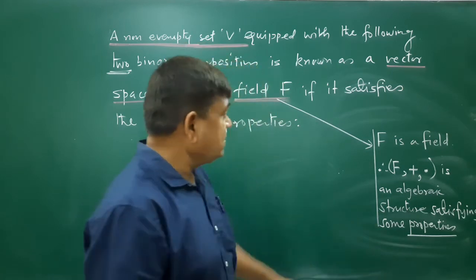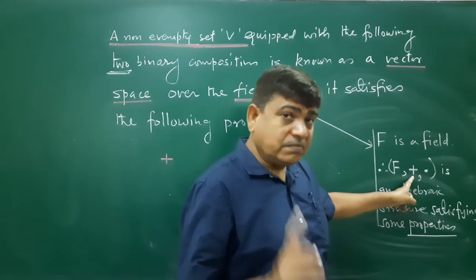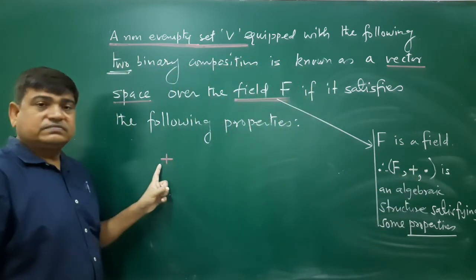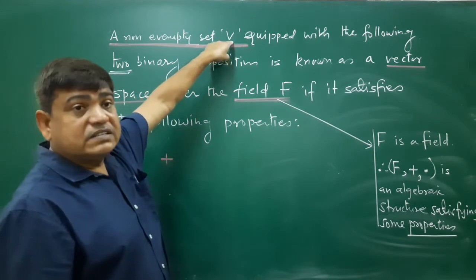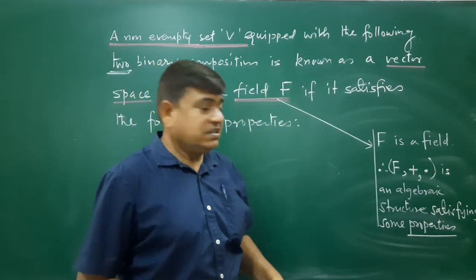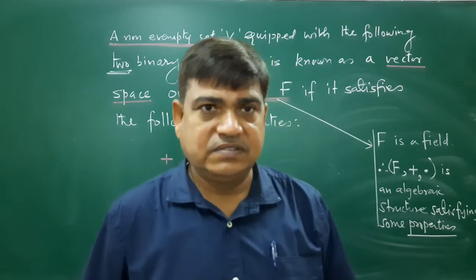Now here the plus sign is used. Remember, this plus sign is different from this one. V is equipped with two binary compositions, and F also has two binary compositions.